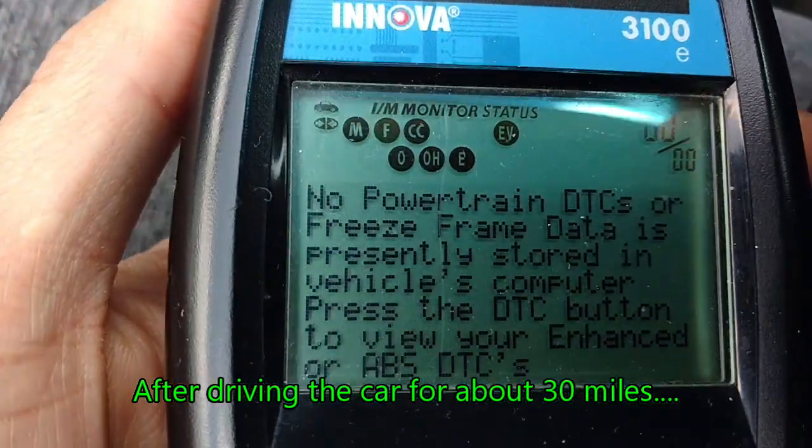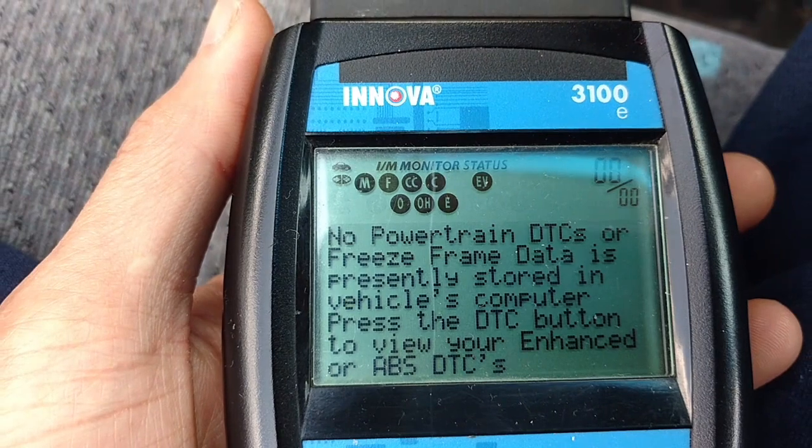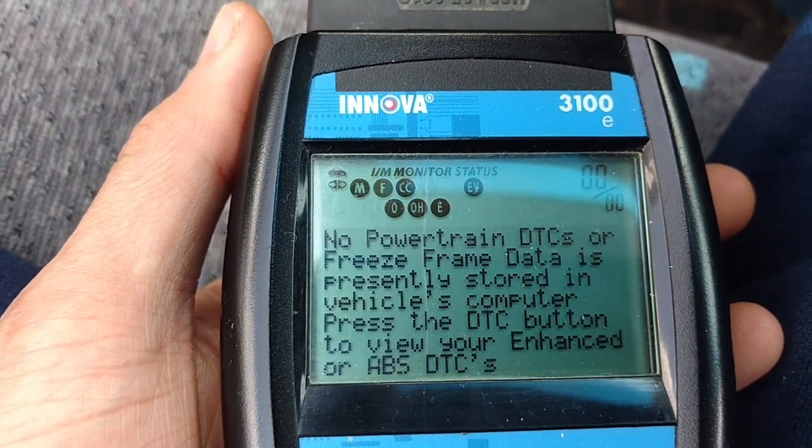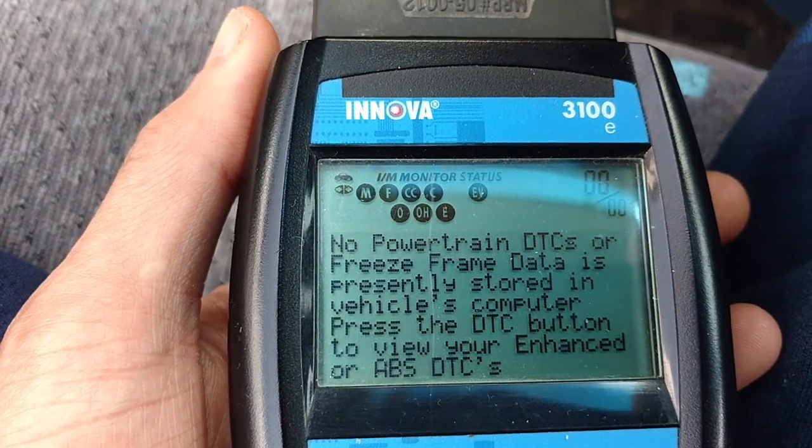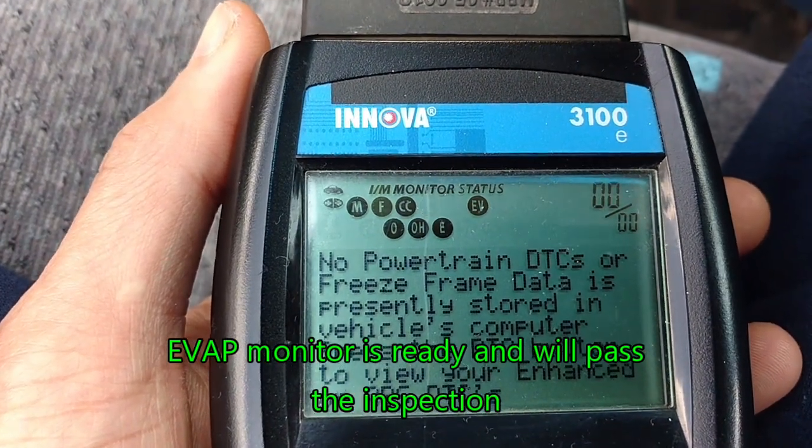Okay, now this solved the problem. As you can see, there are no DTCs, error codes, and more important, the EVAP.